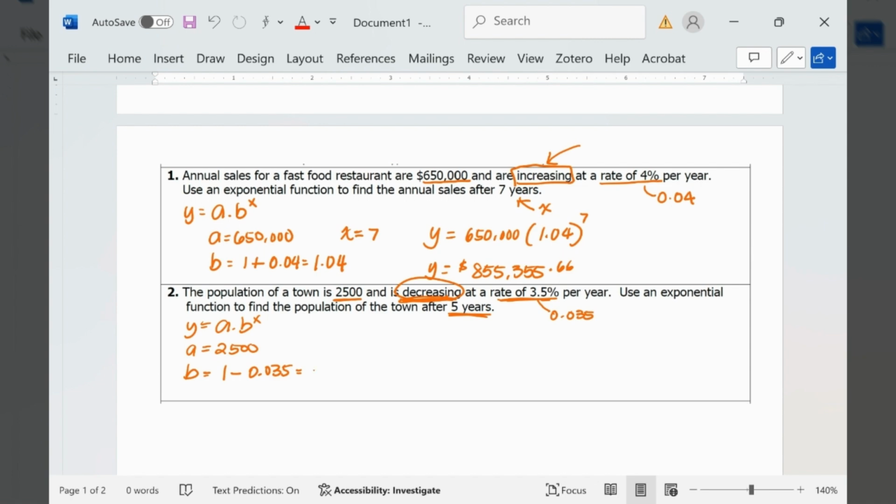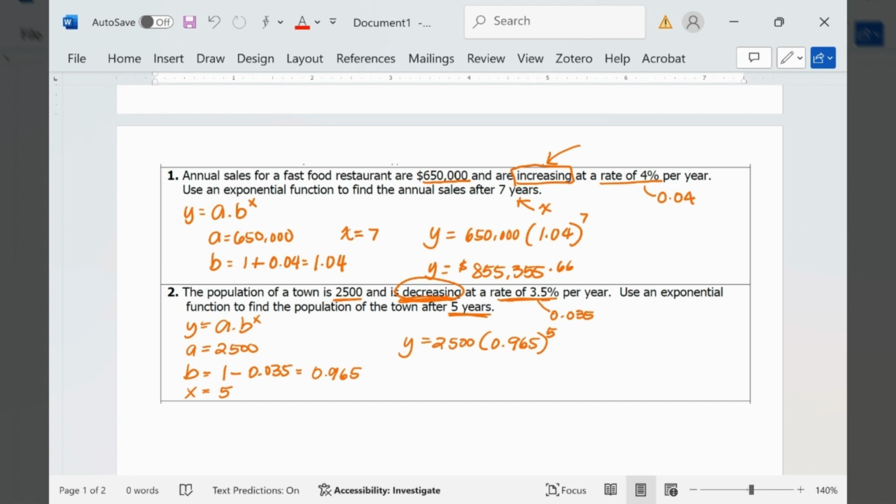Okay, 0.965. And then my x is 5 years. Let's rewrite the formula. y equals 2,500 times 0.965 raised to 5. So now I'm going to compute the value after 5 years.